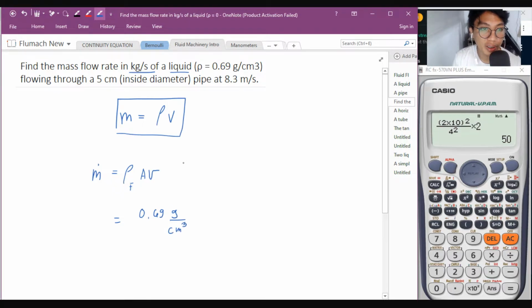Tapos, yung kanyang inside diameter na 5 cm, pi over 4 d squared. So, 5 cm squared multiplied to d, velocity of the flow, 8.3 meter in every second.